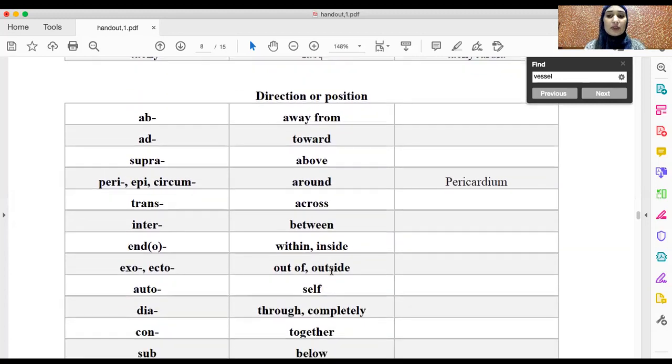For direction or position, we have ab, which means away from, ad means toward, supra means above, peri, epi, circum mean around, like pericardium. Pericardium is a double-walled sac containing the heart and roots of the great vessels. Again, what is the meaning of pericardium?